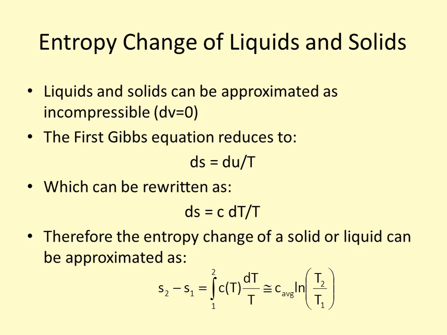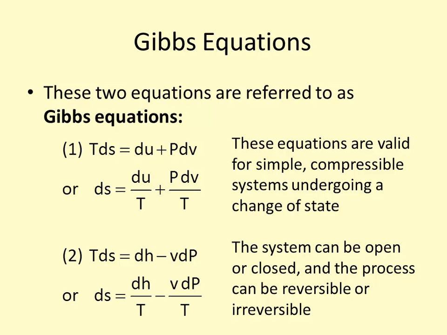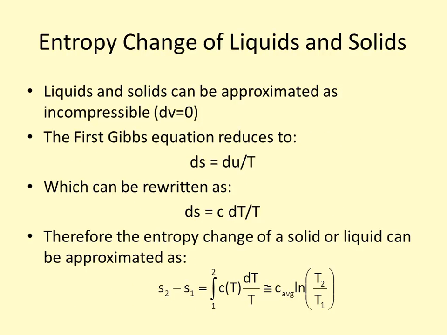So if this term dv is 0, then our first Gibbs equation reduces to this. So we have ds equals du over T plus P dv over T. So if this dv is 0, then it's du over T. And we can rewrite this because du is equal to the specific heat times the change in temperature.